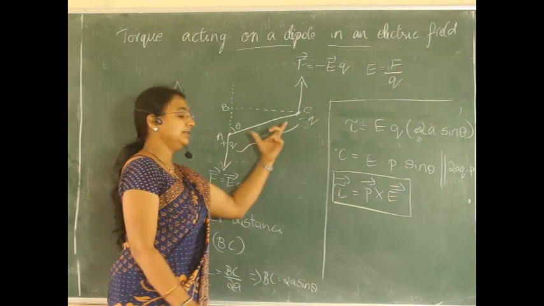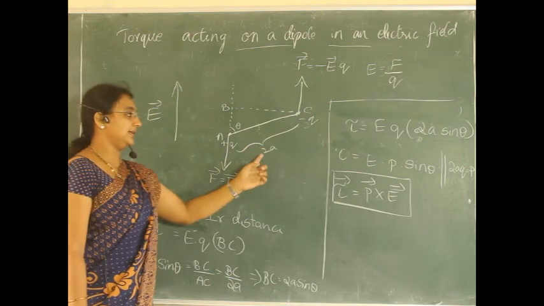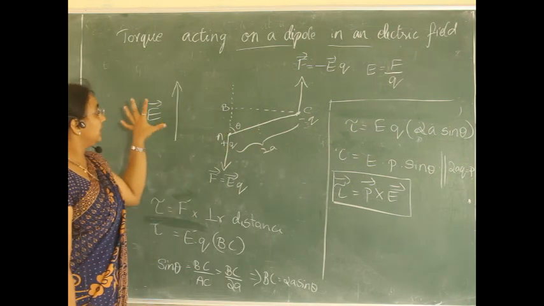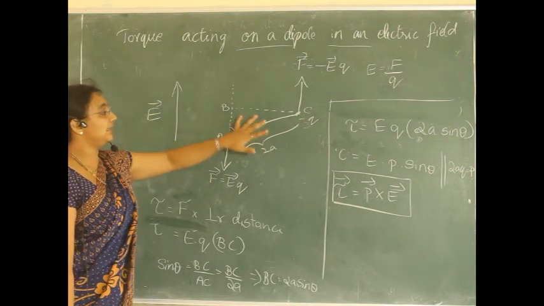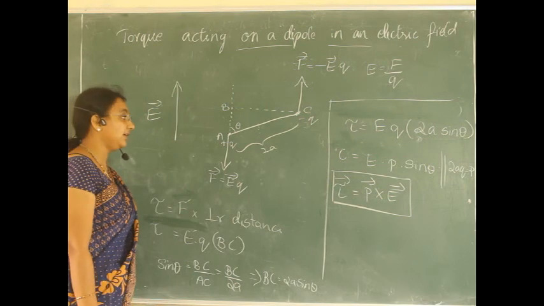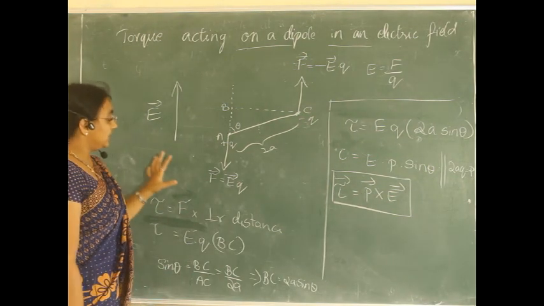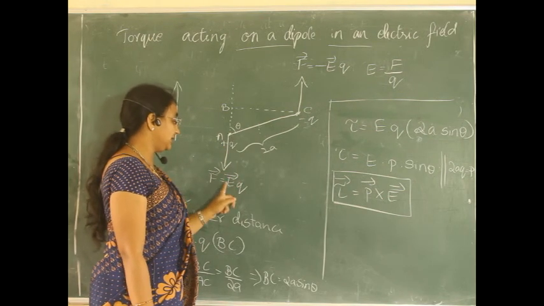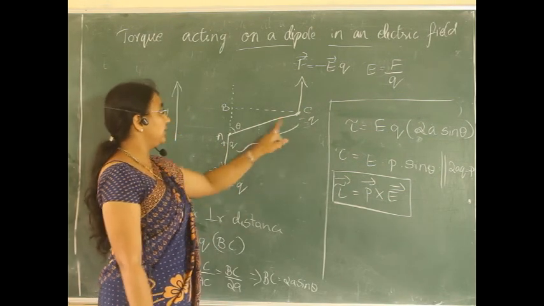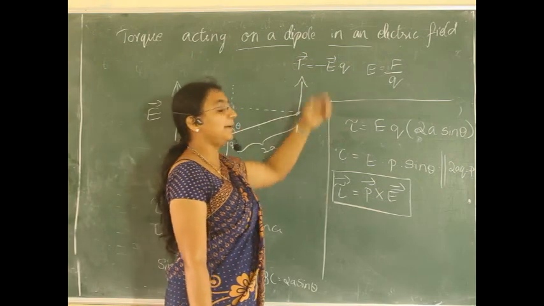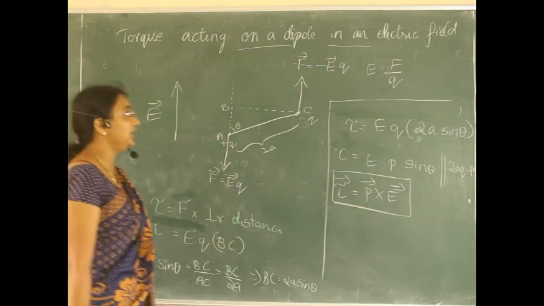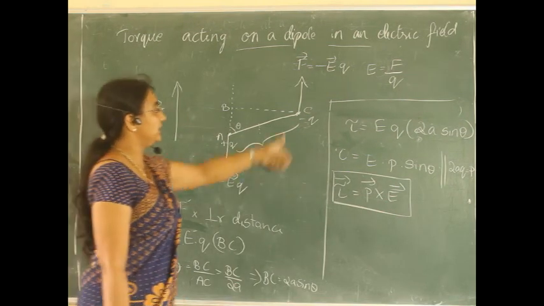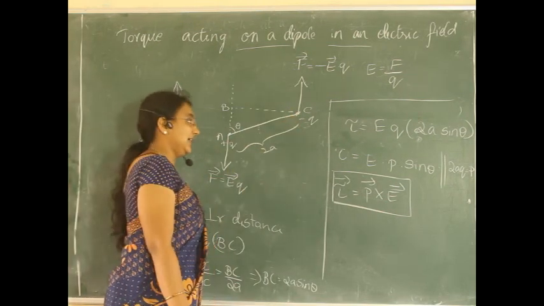We have considered a dipole separated by the distance 2a. Let us place this dipole in a uniform electric field, where because of the electric field, the force acting on the charge plus q is EQ, and on this minus q charge is minus E vector into Q. Therefore, this is pulling downwards, this is pulling upwards, equal and opposite in direction.